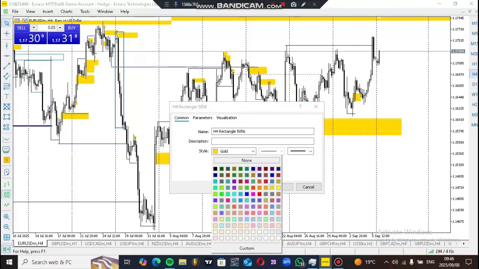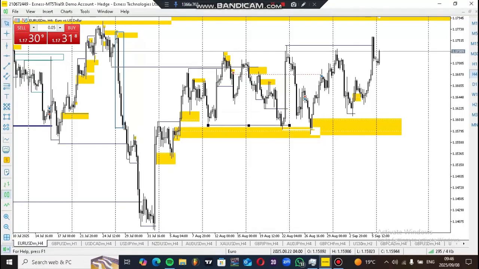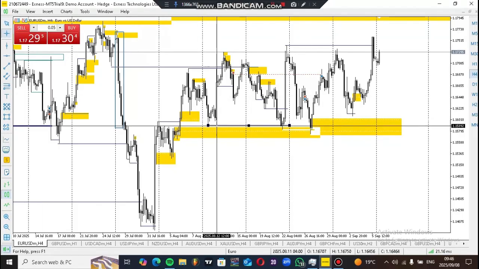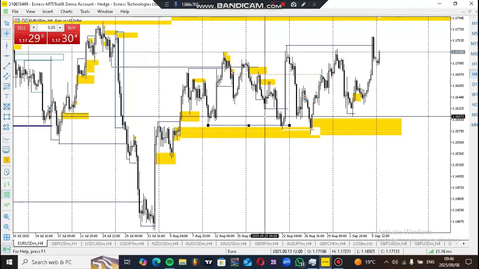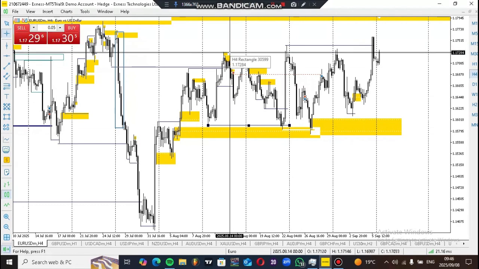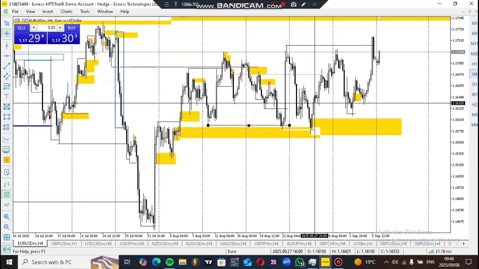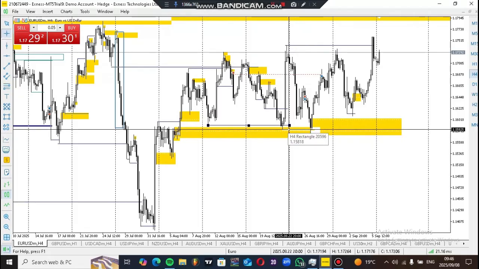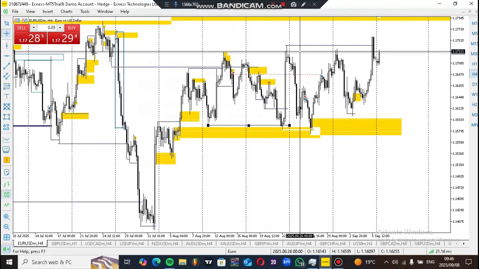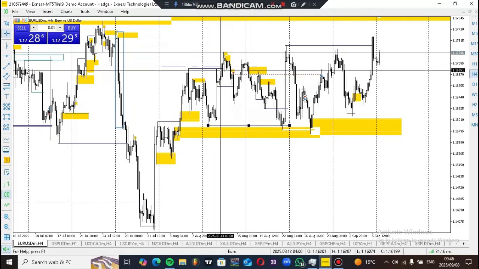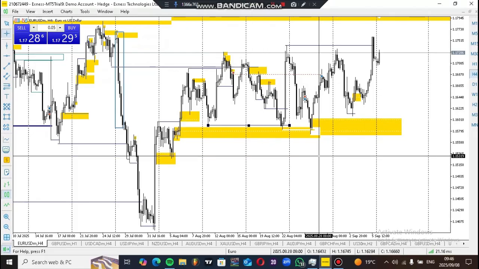Market entered there after breaking that buy side liquidity, came back, taking out this sell side liquidity, dropping further down, taking out both these external liquidities, the buy side and sell side.